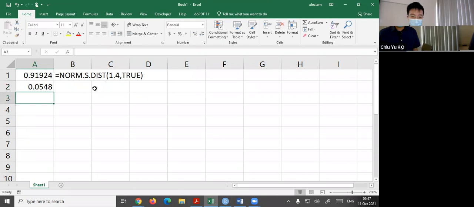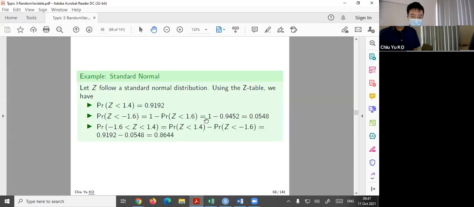In Excel you can input any number, but some tables only give positive numbers from 0 to infinity, so you have to use symmetry. Less than negative 1.6 is 1 minus less than positive 1.6, because together they add up to 1. Make sure you know how to do this.